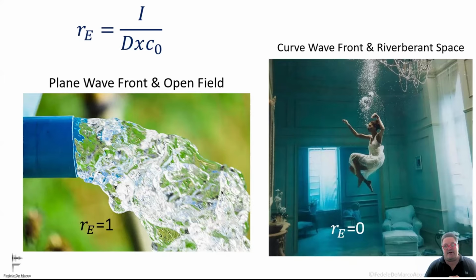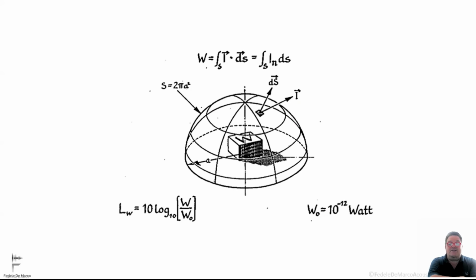Sound power. Sound power describes the capability of a sound source to radiate sound. It is measured in watts, W. It is not possible to measure directly the radiated sound power. Hence, an indirect method is employed.